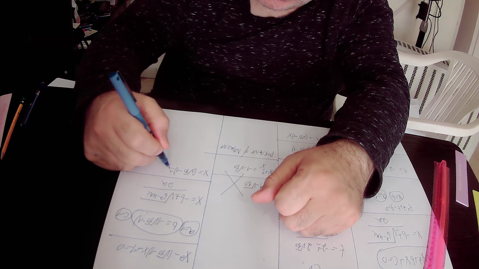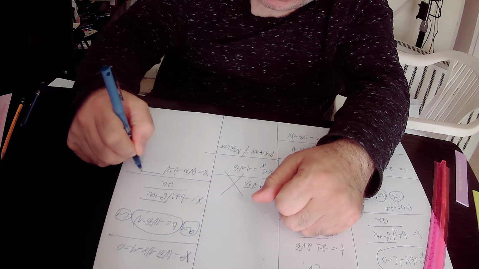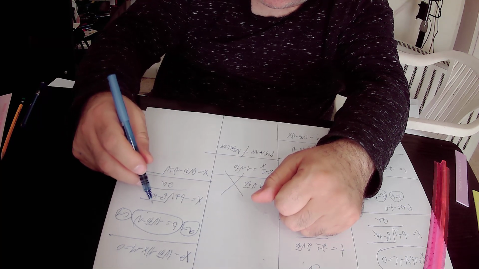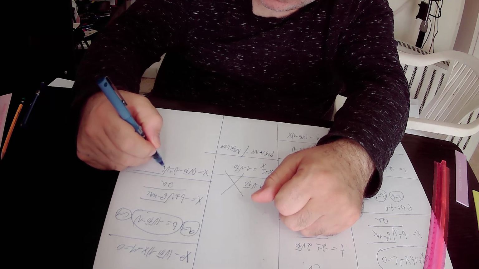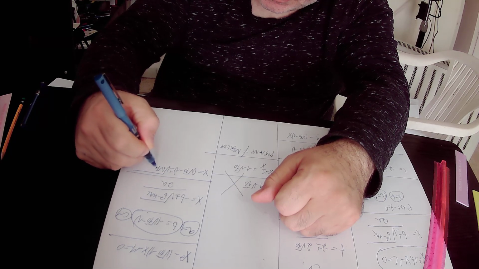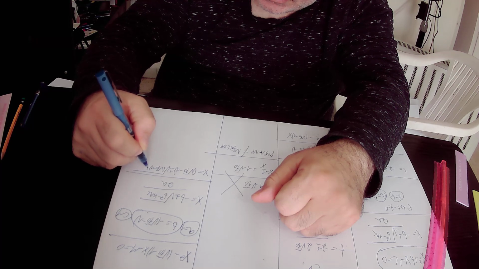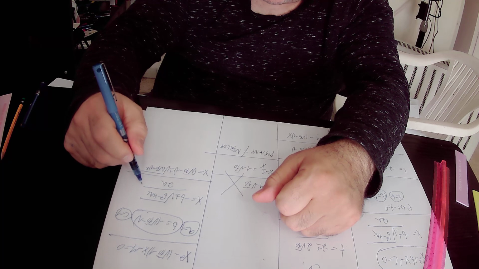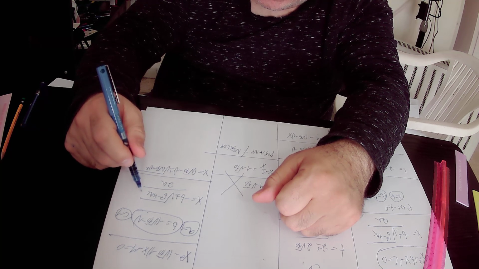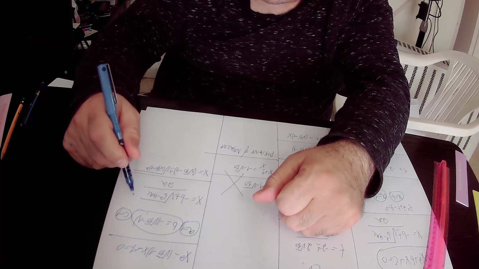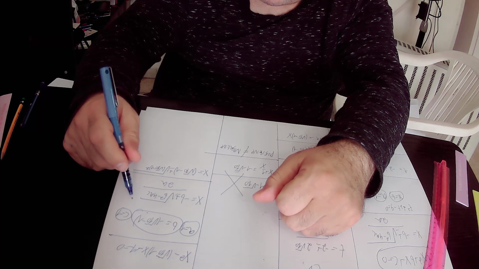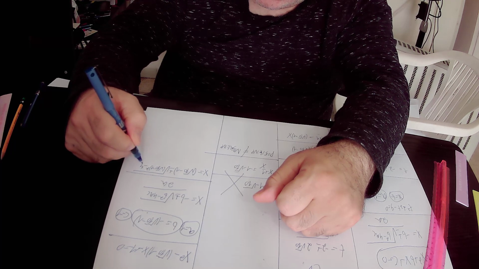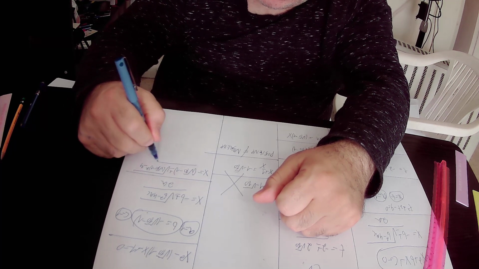Plus minus square root of b squared. Square root of b squared is square root of 10 minus 1 squared, and minus 4 times a times c. A equals 1, c equals 1. Therefore, minus 4 times a times c will be equal to minus 4, all divided by 2.